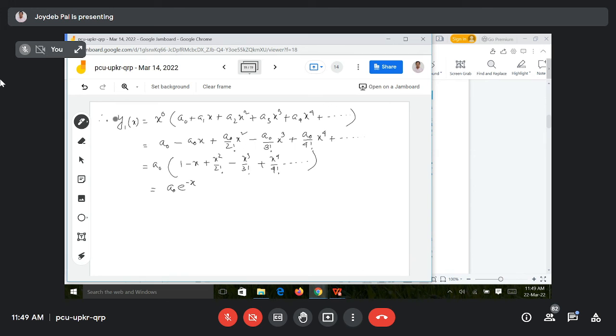So to represent this series as a known function, I have written it in factorial form. But if the question asks to find one solution, then you can stop here. No need to write the closed form. But if they ask to find the second solution also, for that you need to know the closed form of the series.